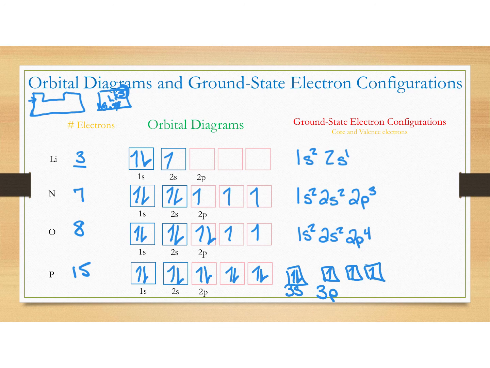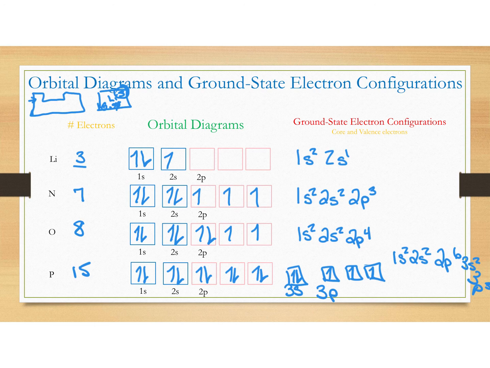What is the ground state electron configuration? 1s2, 2s2, 2p6, 3s2, 3p3. And I apologize, it's curving down there at the end.